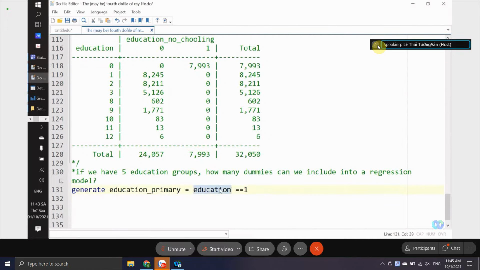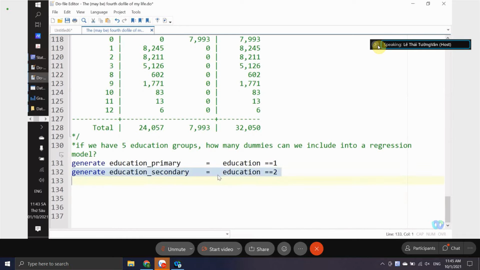And then secondary, it will equal to 2. Now, normally when I do the programming like this one, I would use the tab to organize the commands in the same way. I will try to make it easy for my partner to see. So this is high school.